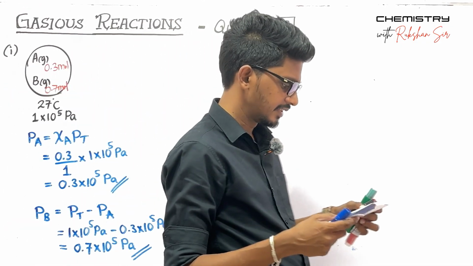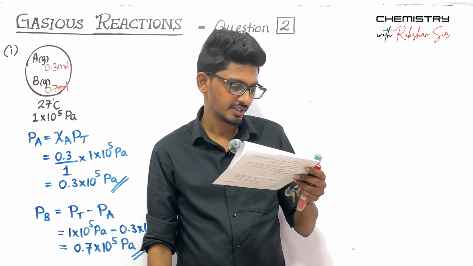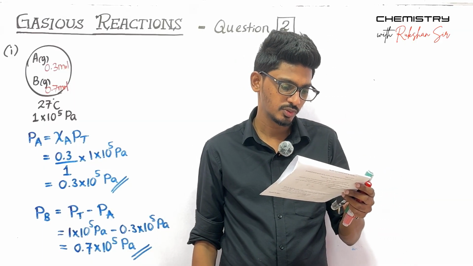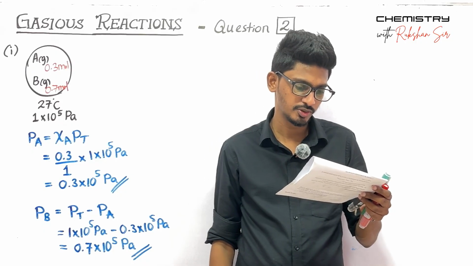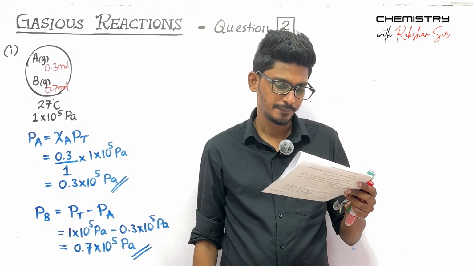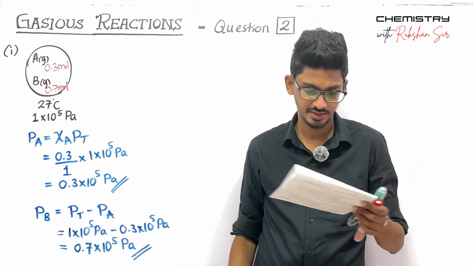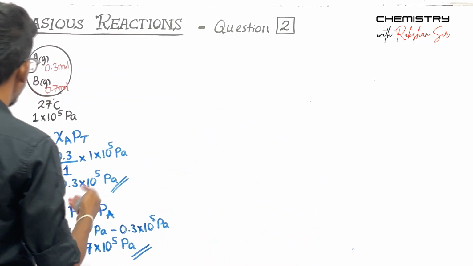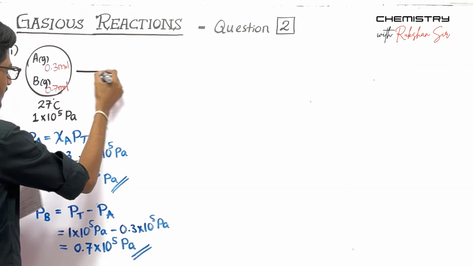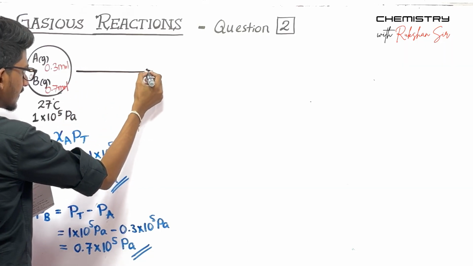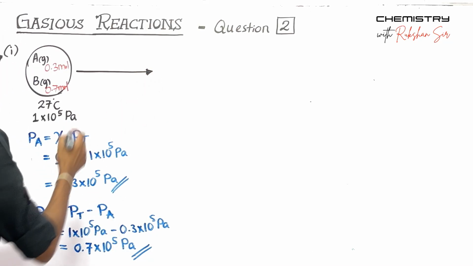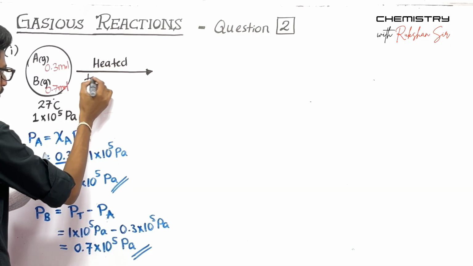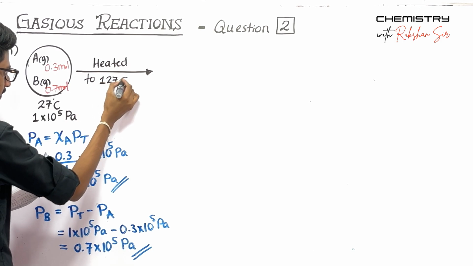Okay, see what they ask in Roman number 2. When the vessel was heated to 127 Celsius, 0.2 moles of A was reacted with B gas to produce D gas. See what they are saying. They have heated this vessel to 127 Celsius.